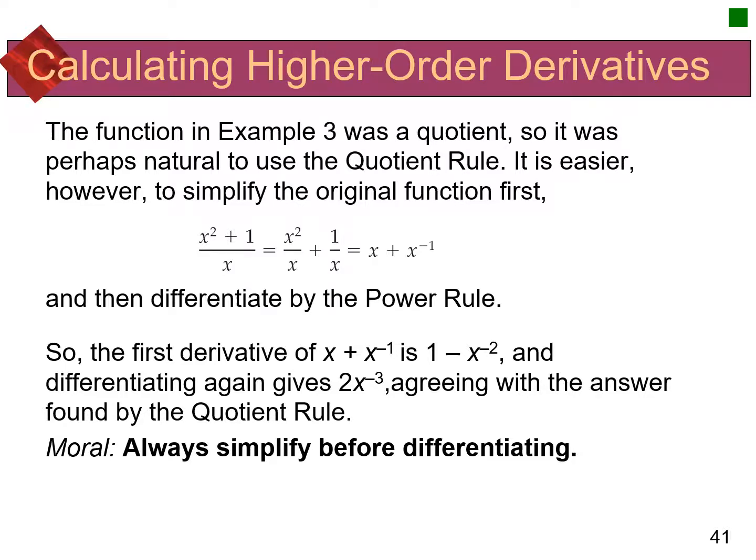So again, the moral of the story, as I mentioned before: simplify before differentiating if you can. They start you with some problems that say, okay, don't do that. But in the long run, that's exactly what you should do to make it the easiest way possible and be less likely to make mistakes along the way.